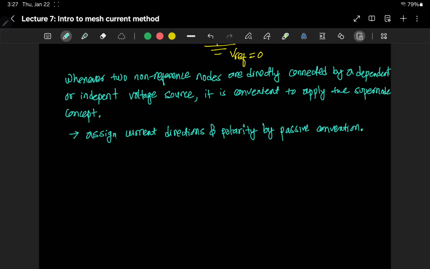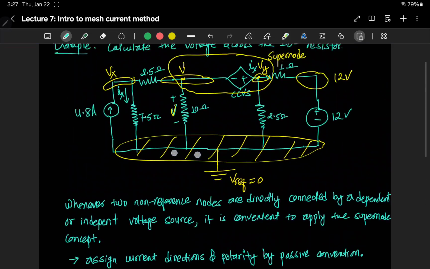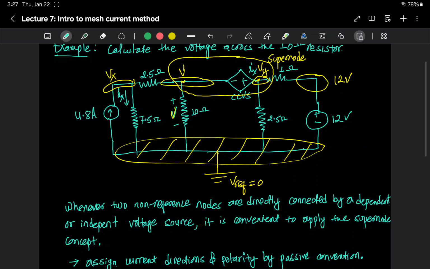So we do that using the passive convention, and we write the directions. So let's say this is positive, this is negative, so current is flowing in this direction, positive, negative, this is already positive, negative. Let's say the current is flowing in this direction, positive and negative, again this direction, positive and negative.